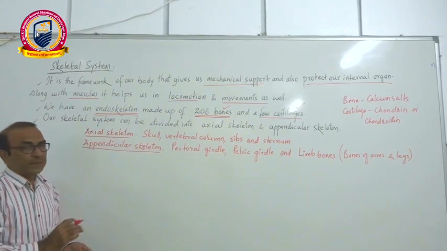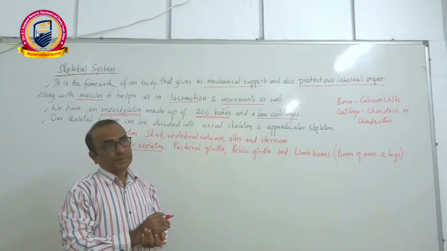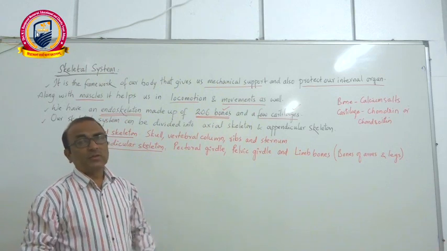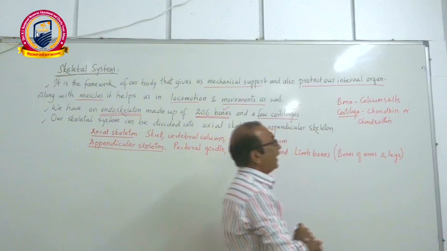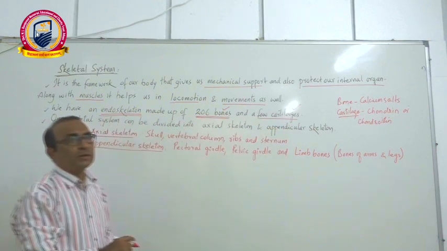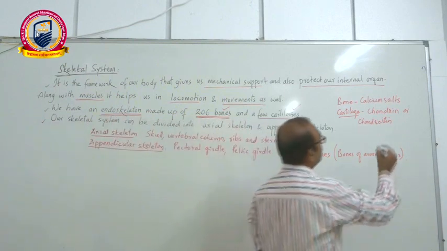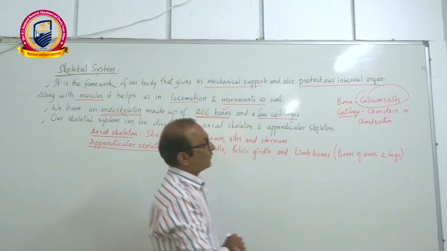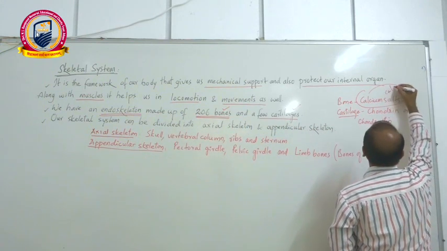Actually, when our body develops inside the mother's womb, the embryo first develops the complete endoskeleton, which is made up of cartilages only. This cartilage later on is replaced by bones by deposition of calcium salts, mainly calcium phosphate.